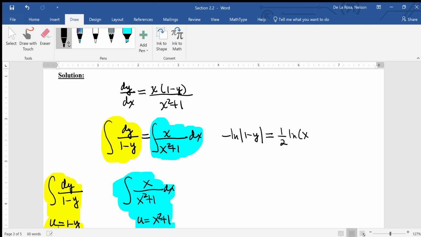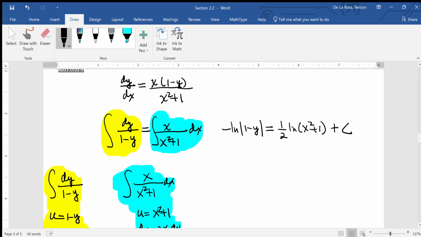Here we can get rid of the absolute value because the argument of this log is always positive. Plus c, right? Don't forget the c. So this solution is implicit because y is not isolated. Let's try to isolate y.